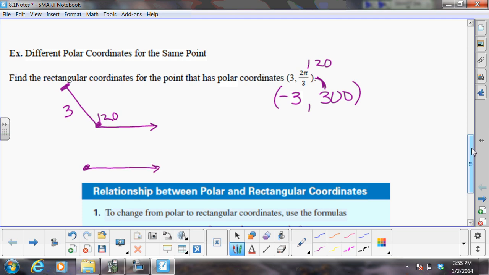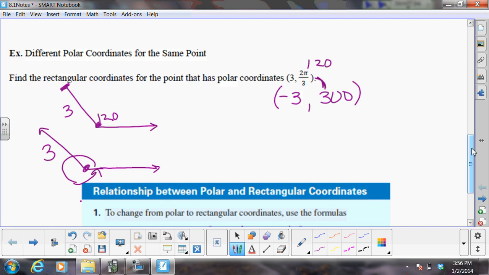So 300 is actually all the way down here, where this would be like our 270. So 300 is this way. I would normally draw a vector this way, but because it's a -3, I'm going in the backwards direction, which means I go back that way. That's 3.